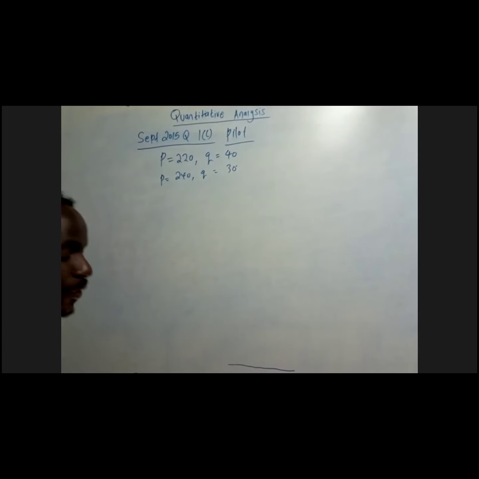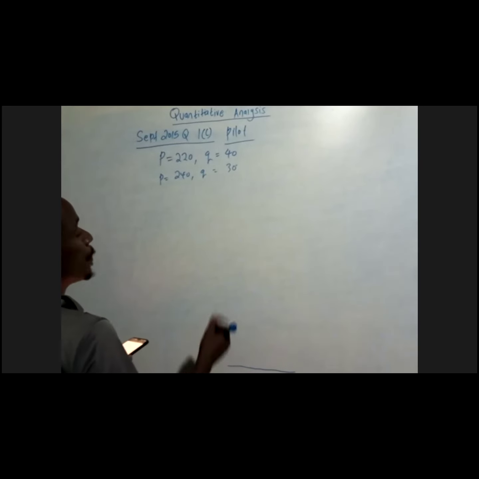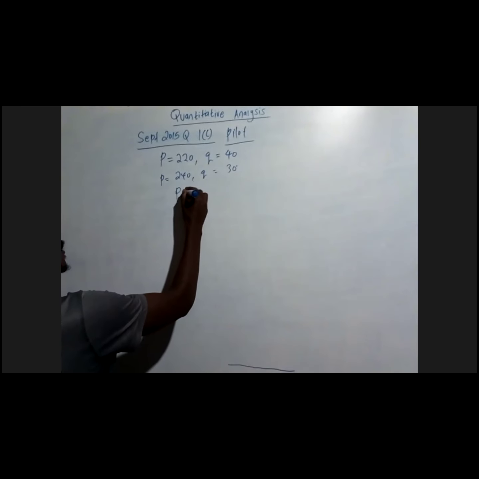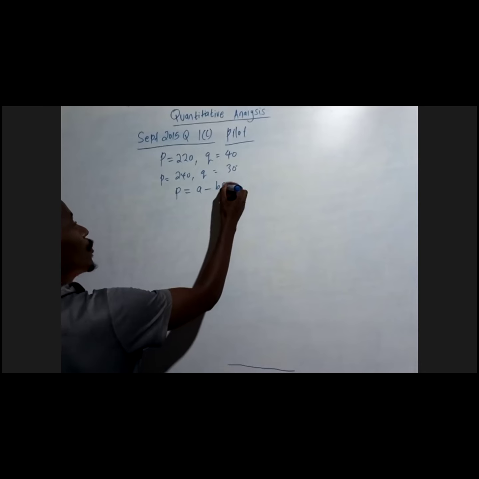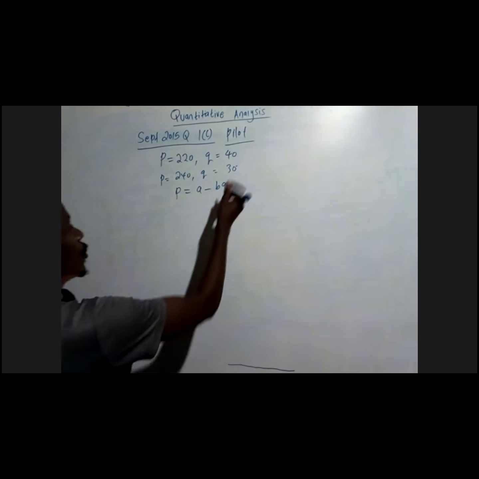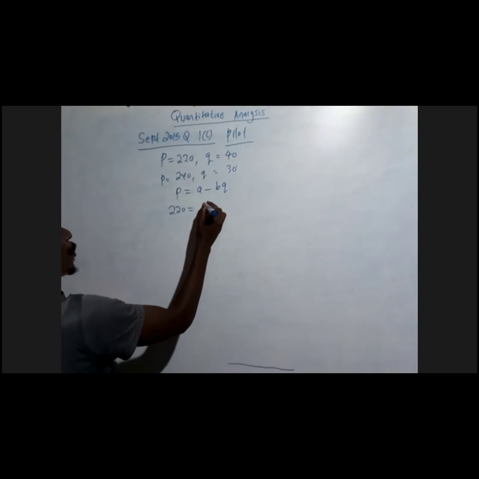We were supposed to come up with a demand function, which is P as a function of Q. So we know P equals A minus BQ. That is our normal equation. Now we can use this one. So when price is 20, we don't know A.